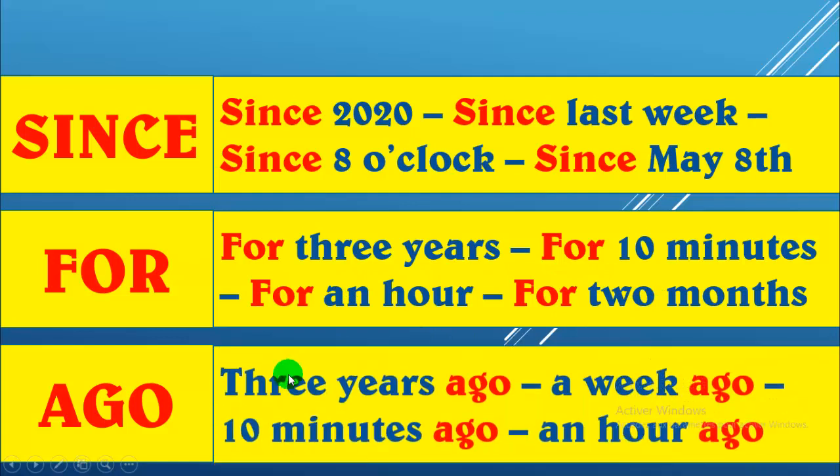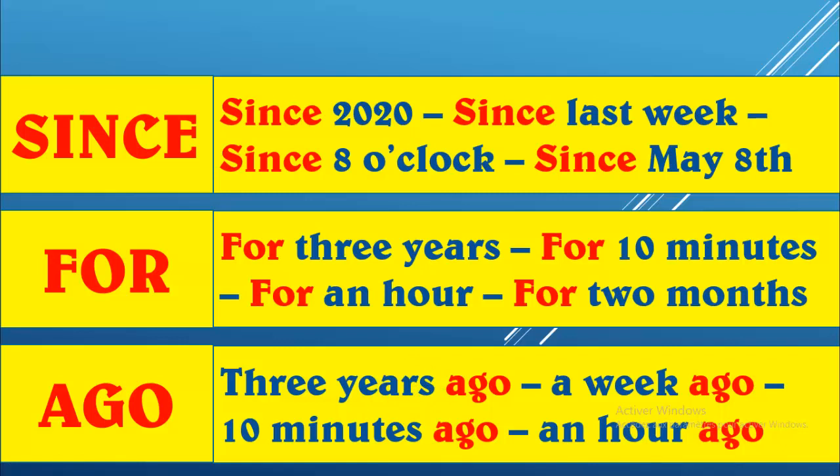Ago, 3 years ago, a week ago, 10 minutes ago, an hour ago. So as you can see here, since for the beginning of an action, for the duration, and ago the time that has elapsed since the beginning of an action.